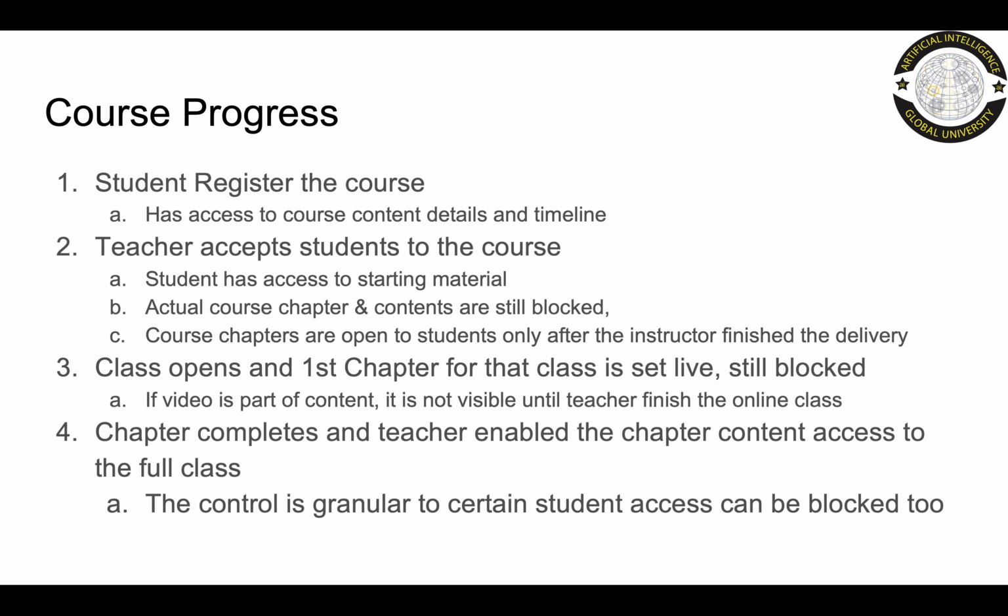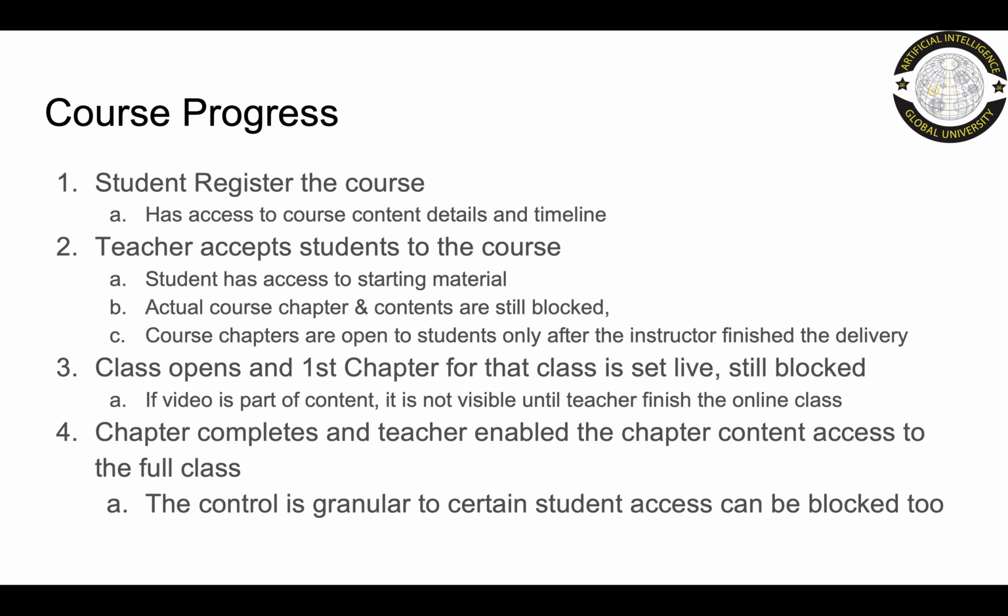While the course is in progress, here are the steps. The student registers for the course. Once they register, they are given access to the content. The content has various chapters, sections, and modules. They are all unlocked, and the student starts with the starting material. The actual course content is still blocked.